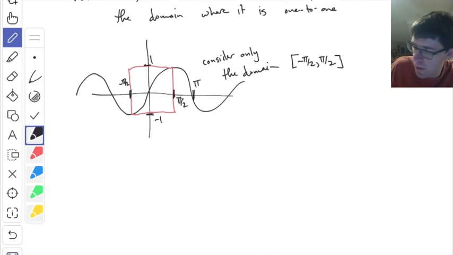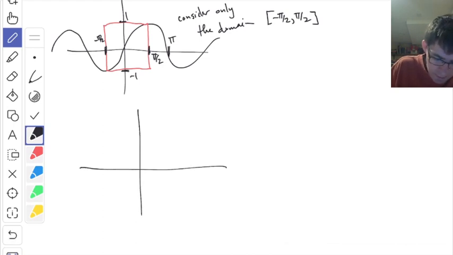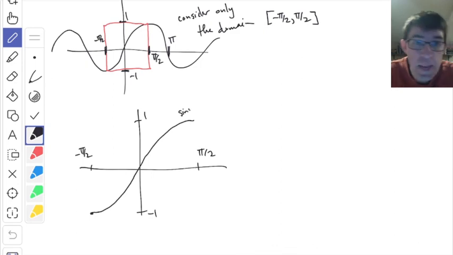It's only a piece of the function, but we can do the inverse of that piece. So I'm going to redraw this zoomed in a bit. Here's minus pi over 2 to pi over 2, and it goes down to minus 1 and up to 1. This is that piece of sine of x.